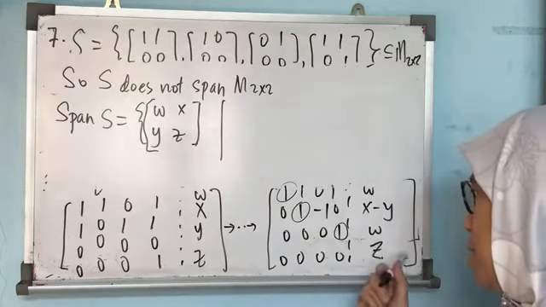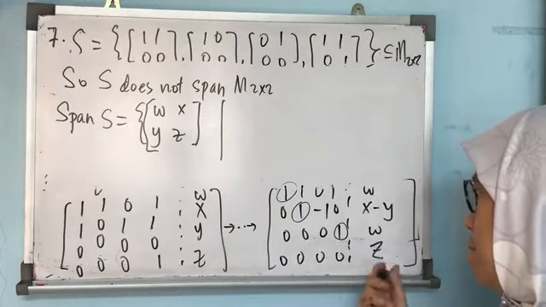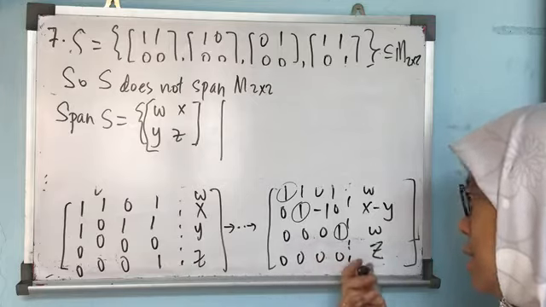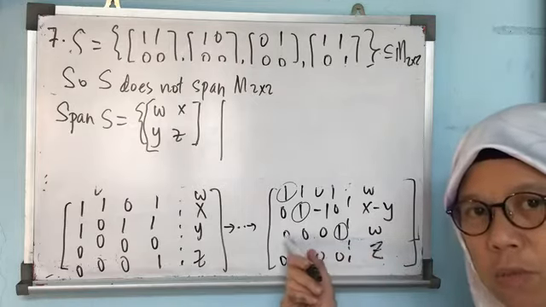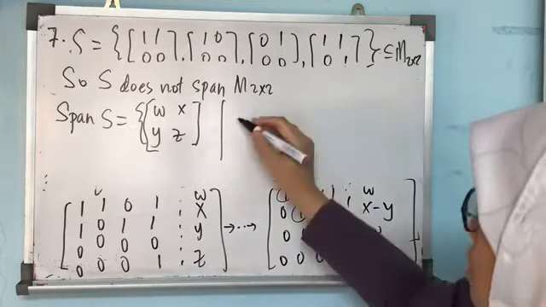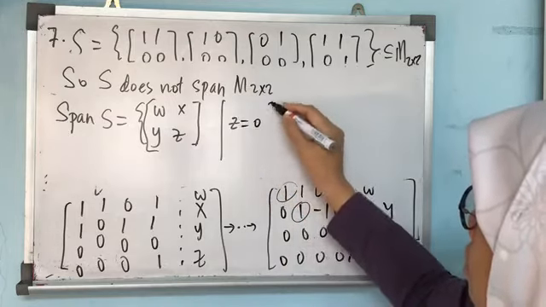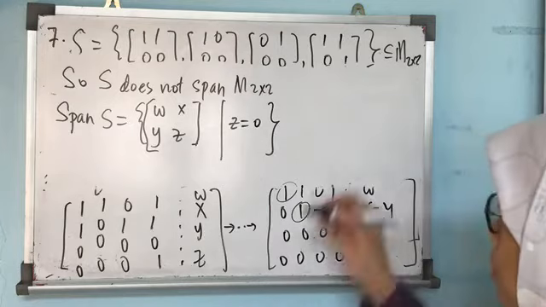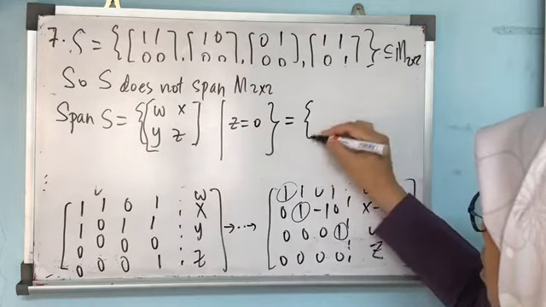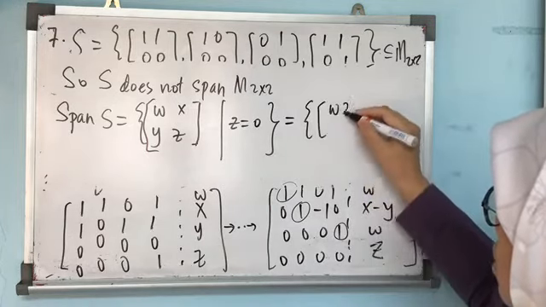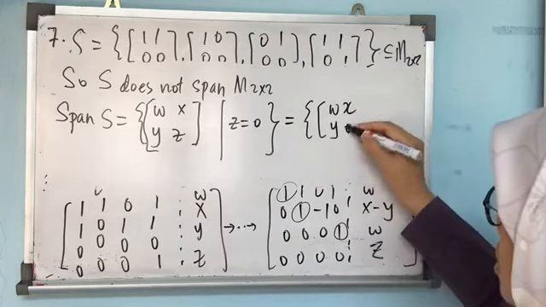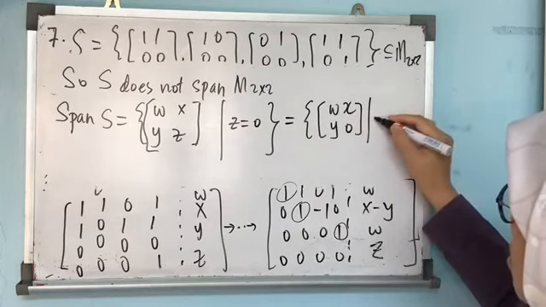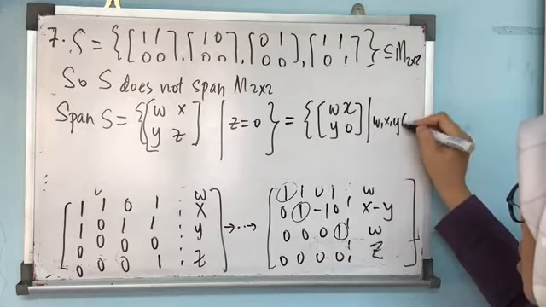The condition is here, right? Z is 0. This is the problem here. Z is 0. Okay, what happens when Z is 0? So you just put in W, X, Y, 0.